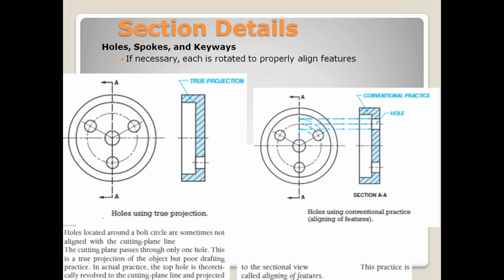In actual practice, the top hole is theoretically revolved to the cutting plane line and projected to the sectional view, called aligning of features. So what does it mean? That means when you look at this hole using the true projection, if you cut a section here, you know this is all section here.